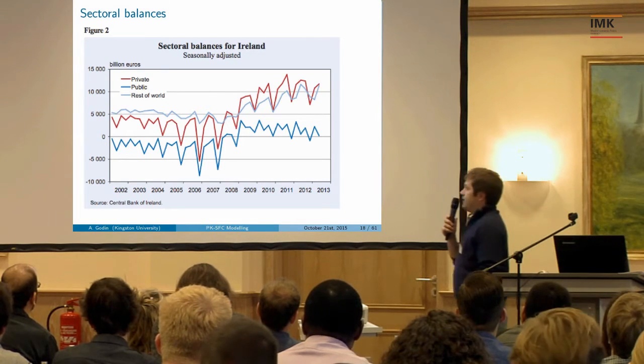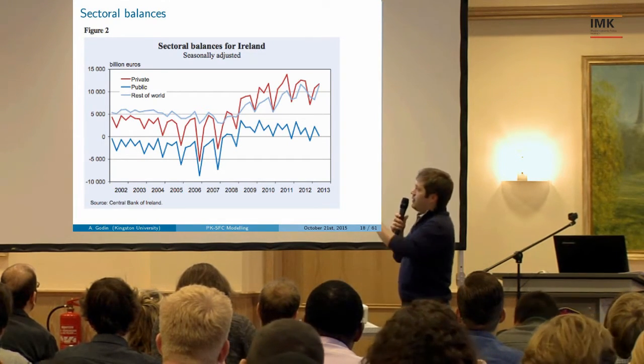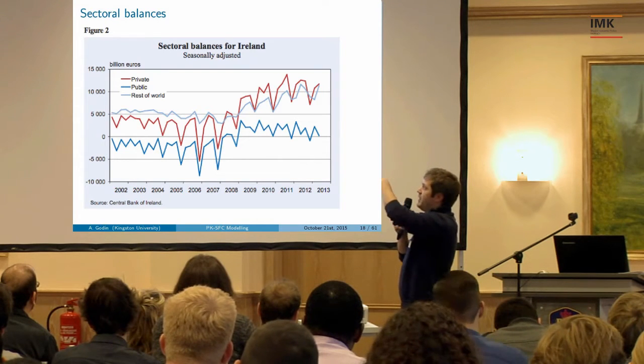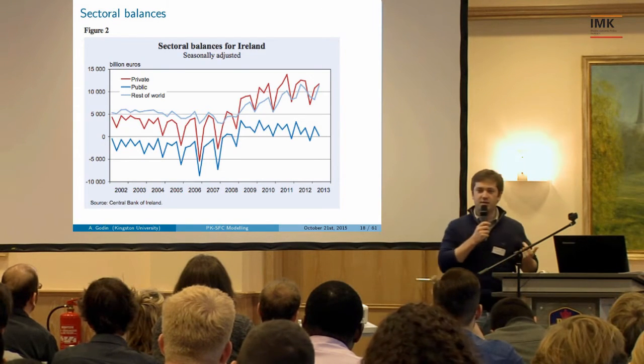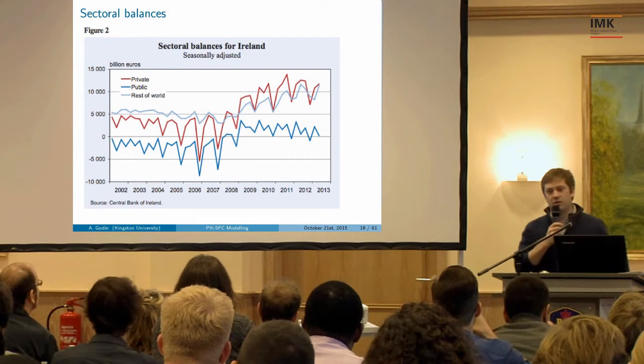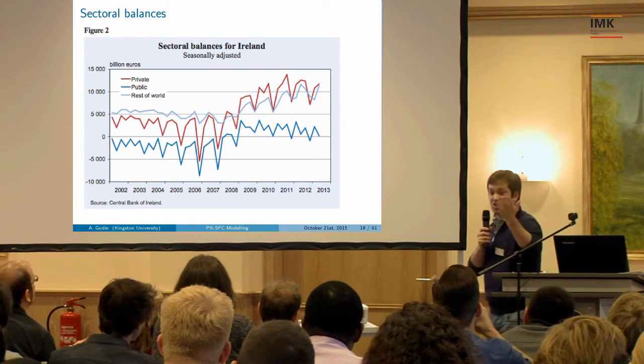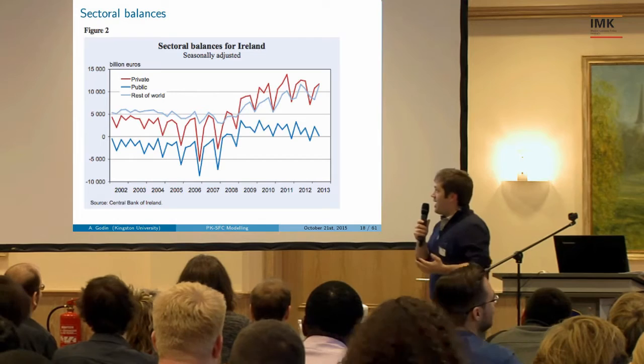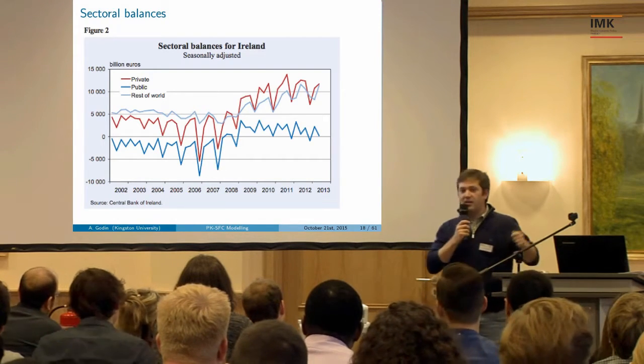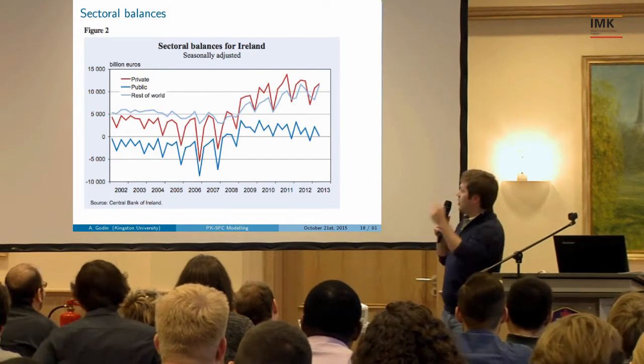Then you look at the sectoral balances. First of all, a note: the really spiky thing has to do with the way Statistics Ireland is treating data. When they do quarterly data, there is a guy, let's call him Sean, who gets data for quarter 1, quarter 2, quarter 3. And maybe Sean goes to his boss and says, listen, the data are strange.